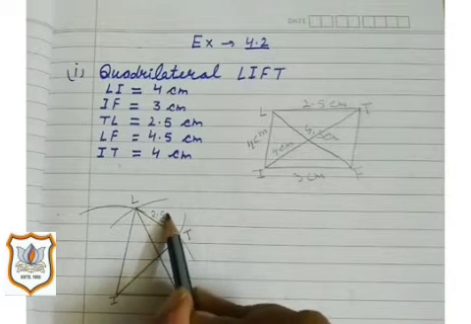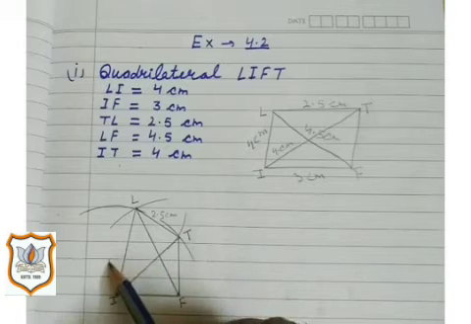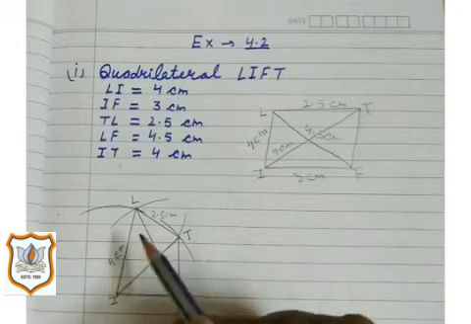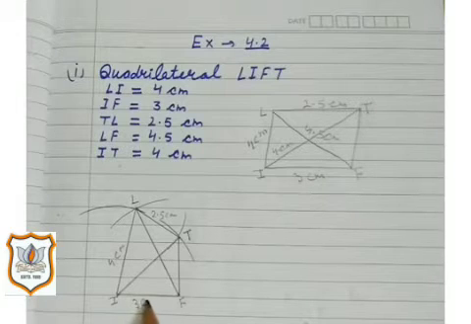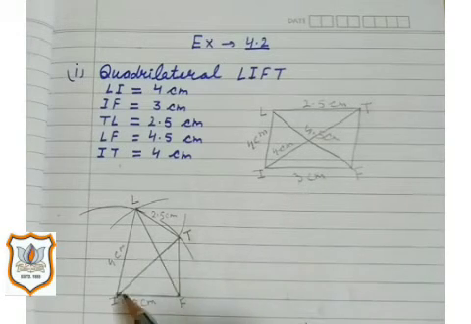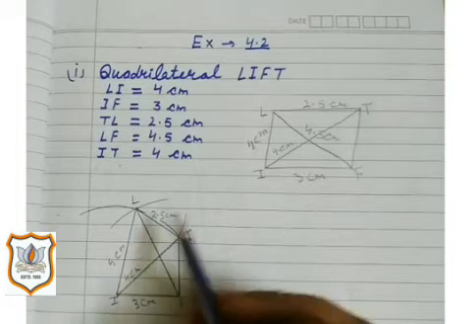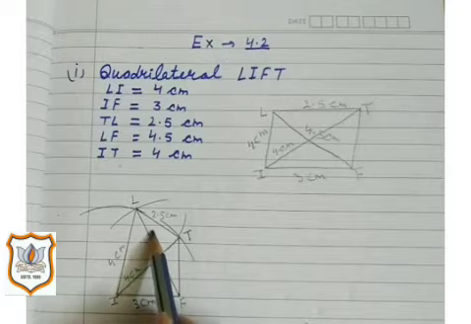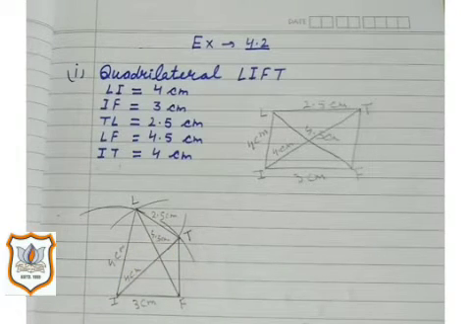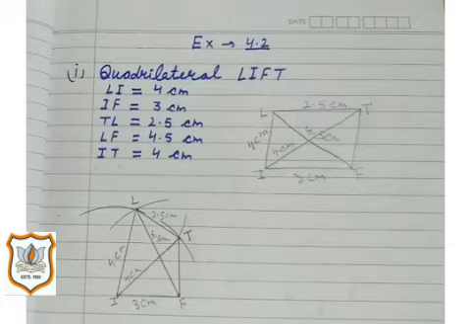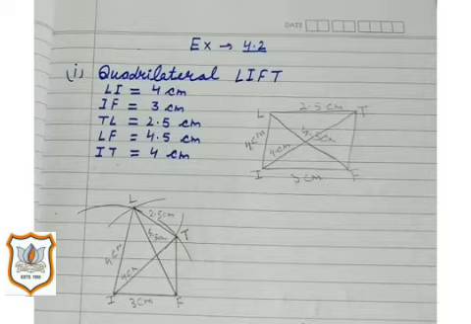So we write here 2.5 centimeter. LI is 4 centimeter. So we write 4 centimeter. IF is 3 centimeter. So we write here 3 centimeter. And IT is 4 centimeter. And LF is 4.5 centimeter. Clear, students? Students, you have to write steps of construction yourself.